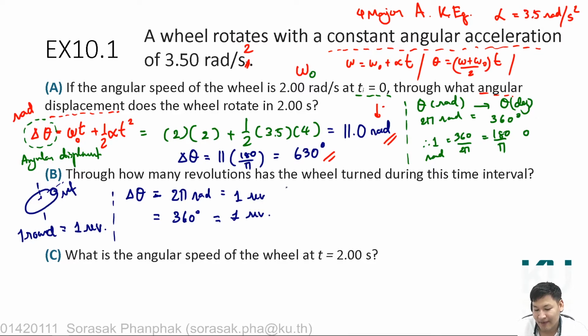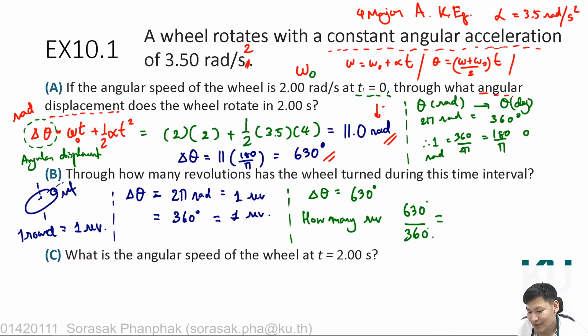So now you have the angular displacement equal to 630. Sorry. If you'd like to determine how many revs, you just take this number and divide by 360.